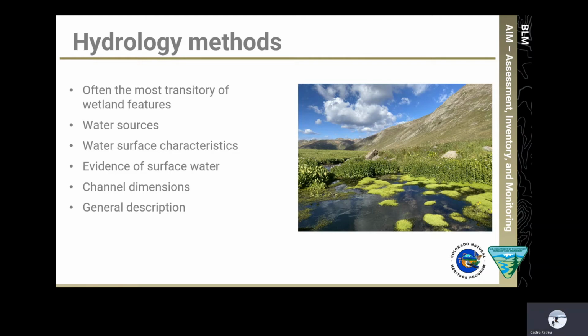The hydrology data collected with the Lentic AIM protocol include determining water sources, recording surface water characteristics, taking note of any evidence of surface water, collecting channel dimensions, if applicable, and summarizing with a general hydrology description.